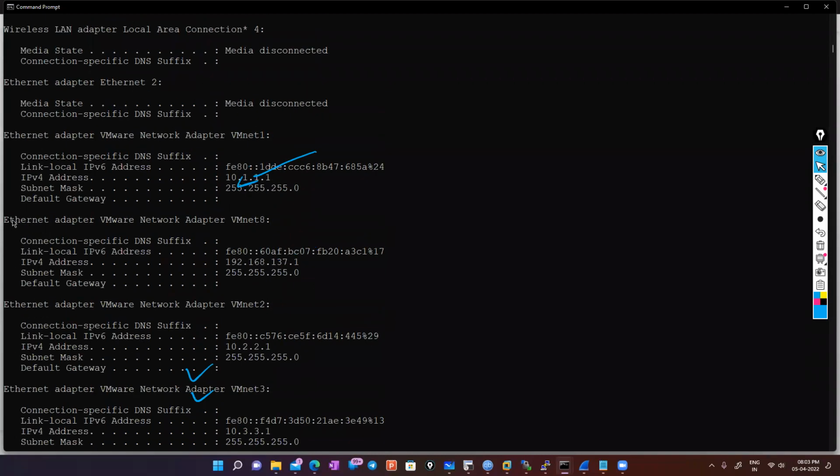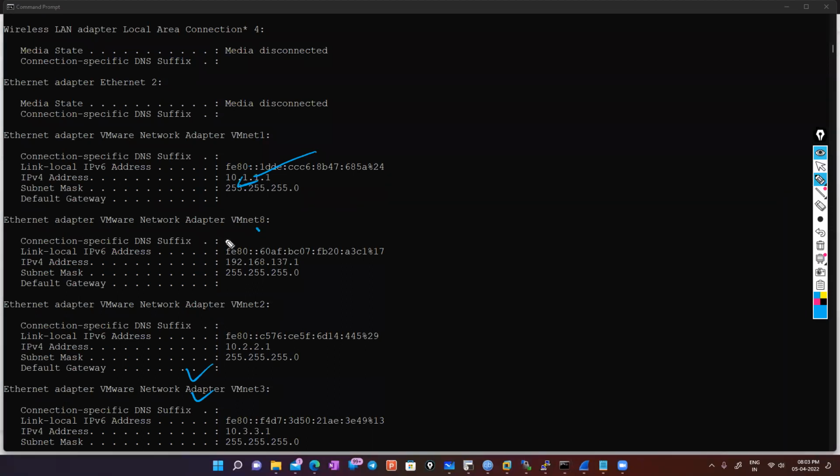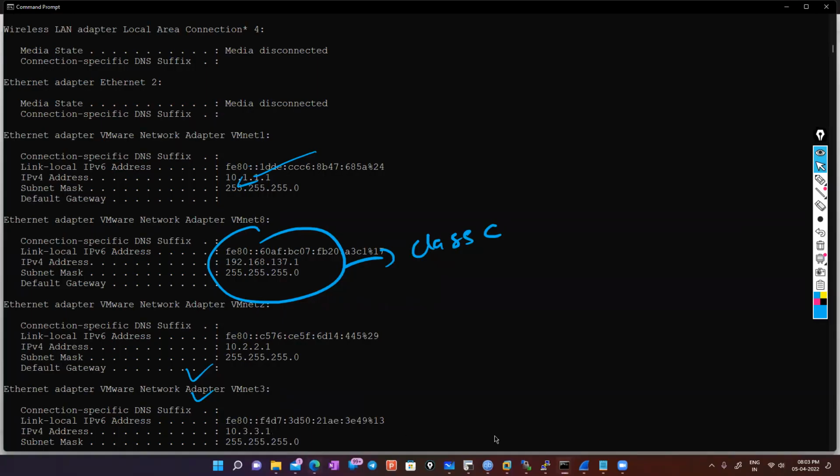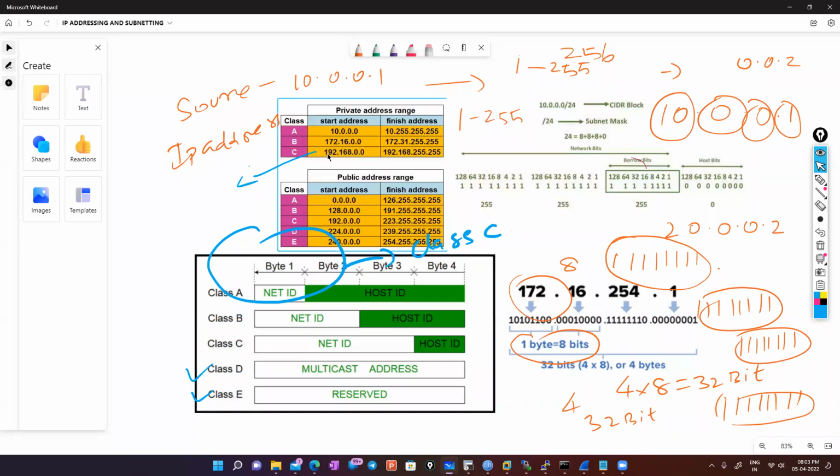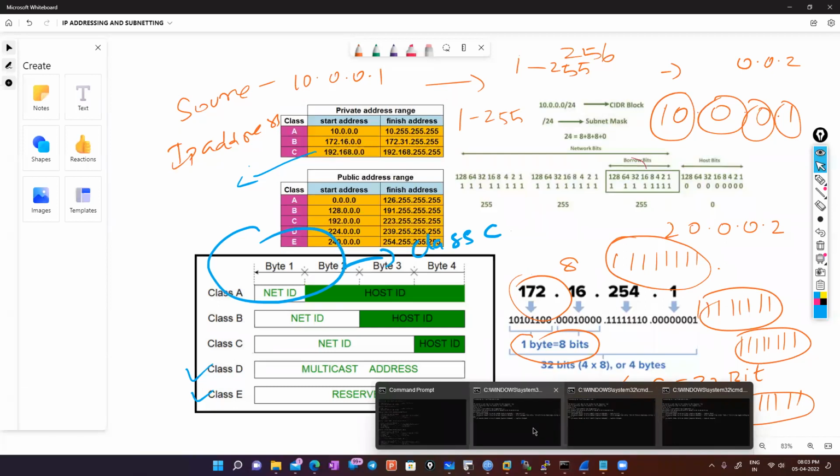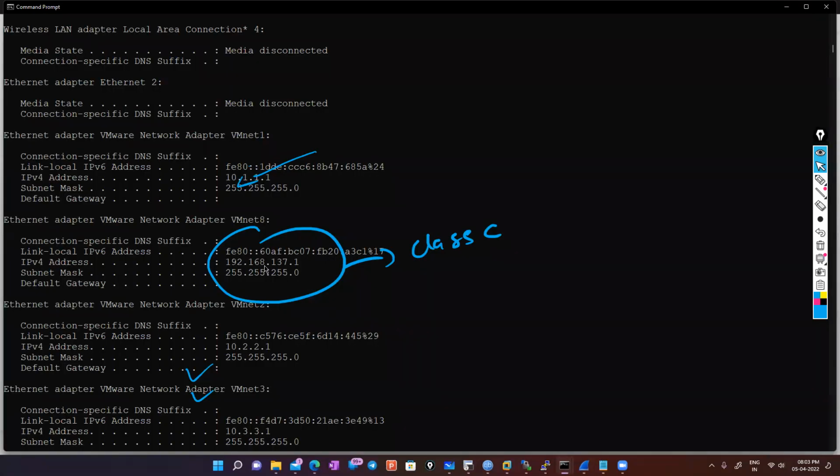You see this is my wireless adapter. By looking at this, I can say this is class C. Why? Because this is a basic representation given here. Class C address starts with this range 192.168.0.0. And I can see the same range here, 192.168.137. So by looking at these values, I can find out this is class A, class B, or class C.